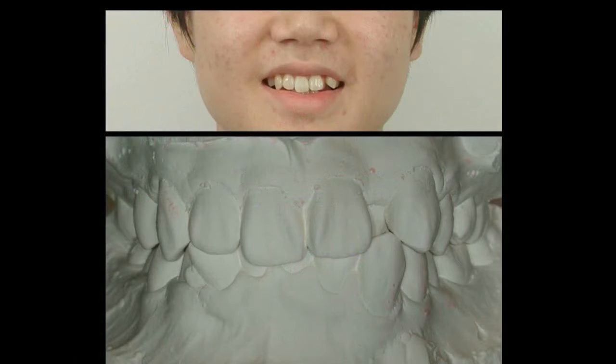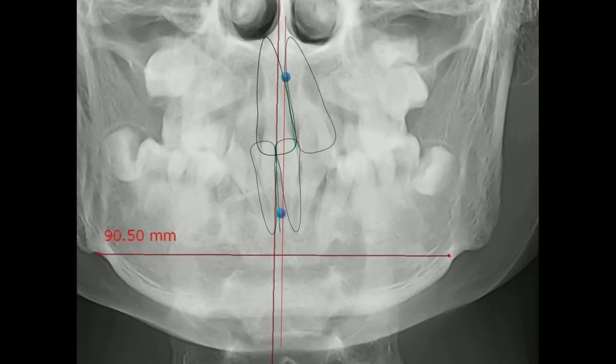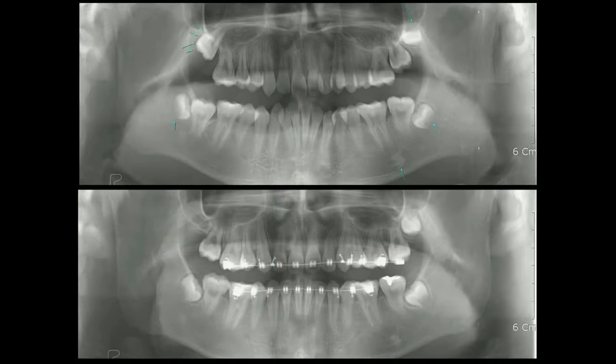Here we have a patient with severe midline inadequacy. PA head film shows that the midline problem is due to tipping of incisors, but upper and lower apical bases are relatively symmetrical. Panoramic view of initial and during the treatment.